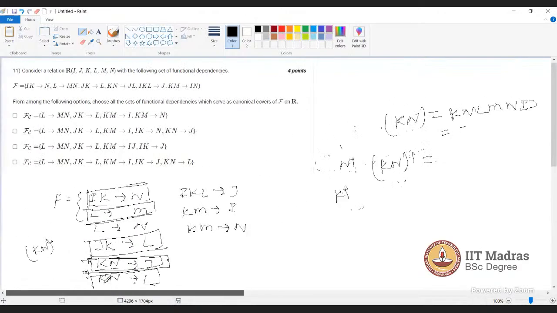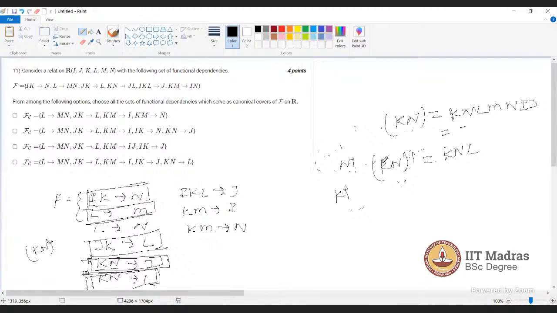Sorry, if we take first K determines L, so what will you get? K, N, J, L. So this is a redundant functional dependency, right? Yes, sir. If we include this K determines L, will we arrive at L or not? We will definitely arrive at L.